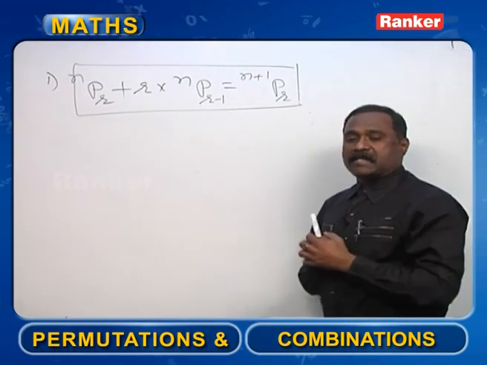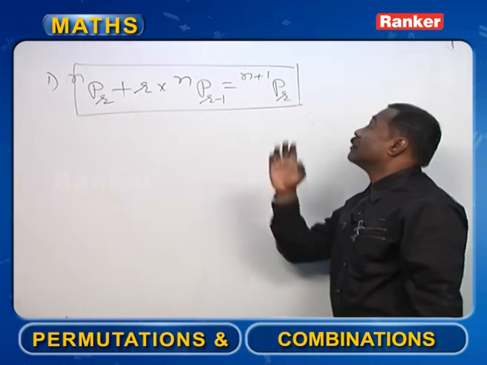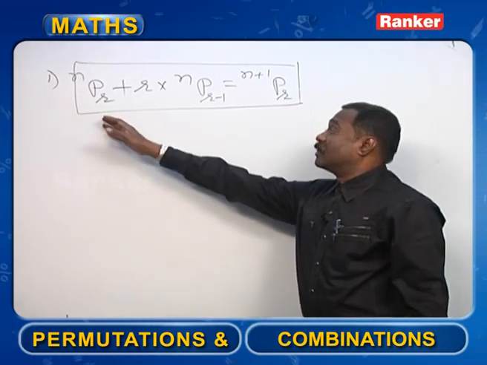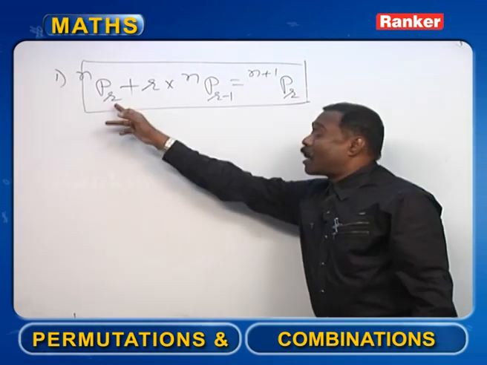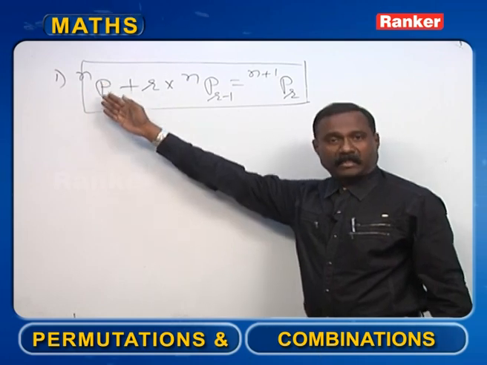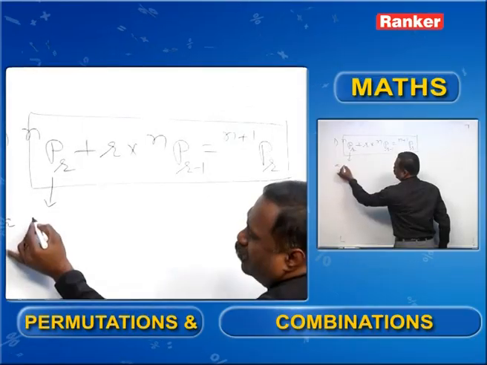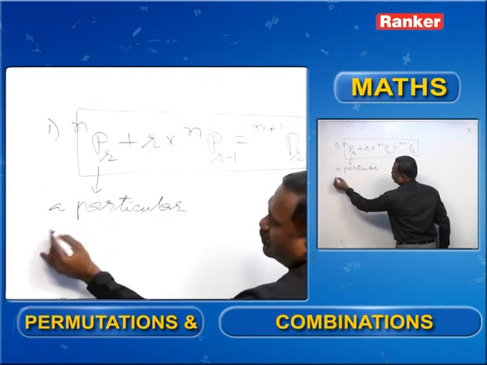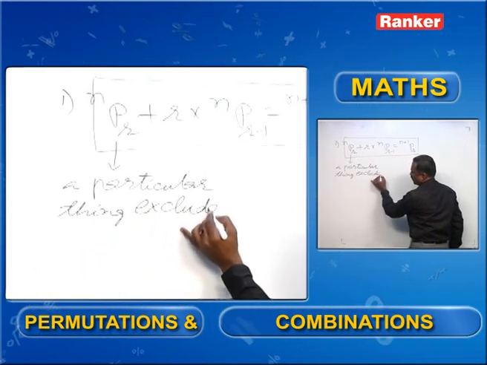So, understand this carefully now. There are n plus 1 dissimilar things, and r things are taken at a time. Then how is it split like this? One is reduced, it becomes n, and here r is taken. That means a particular thing is always avoided here, that is, a particular thing is excluded, understand.